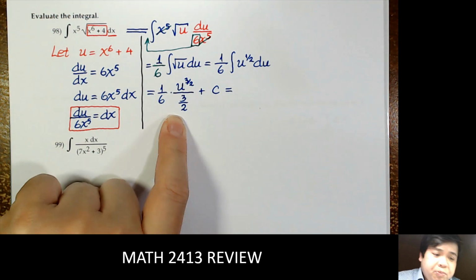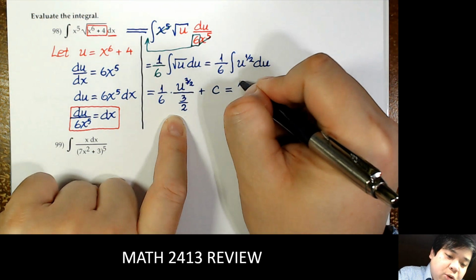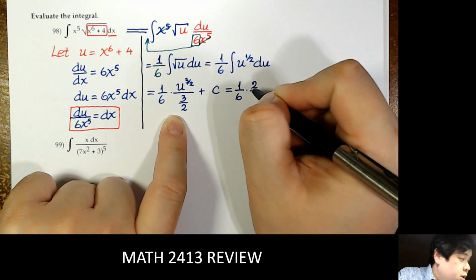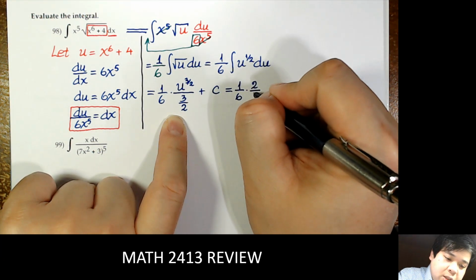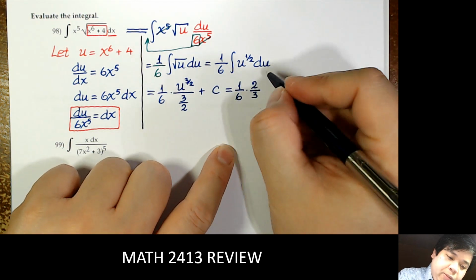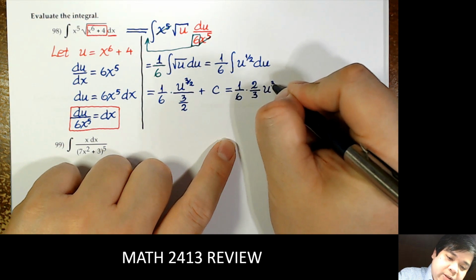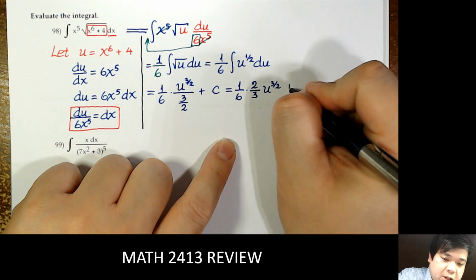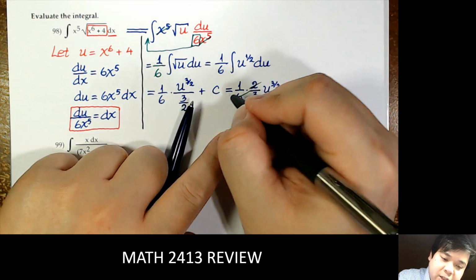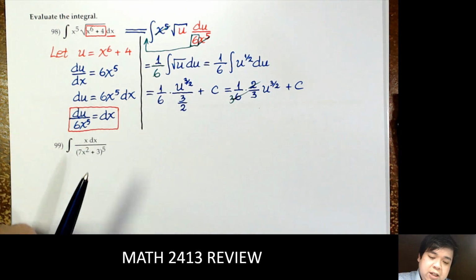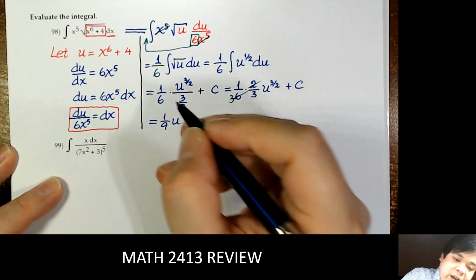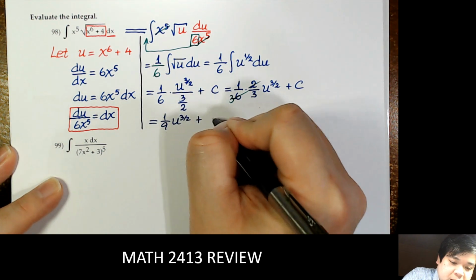Now dividing by 3/2 is multiplying by the reciprocal, 2 over 3. And then u to the 3/2 plus c. 6 and 2 cancel out. That's 3. So 1 over 9 u to the 3/2 plus c.